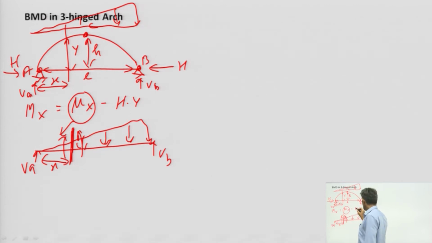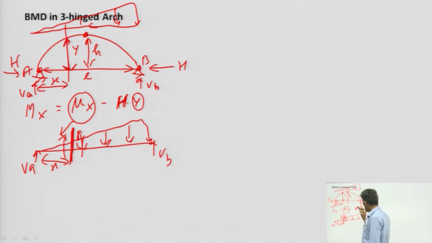The next thing, h into y. H is a constant value for a given loading, since support reactions are constant, and the variable is y. Y is the ordinate, the rise of the arch at some particular section x.